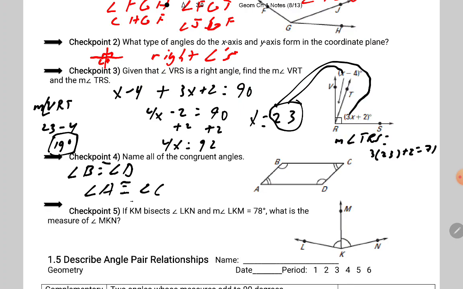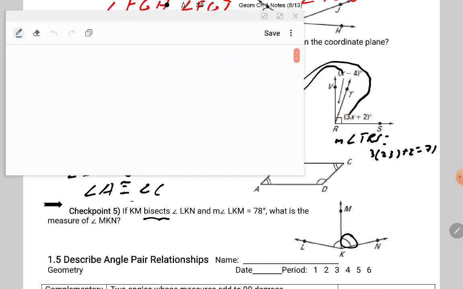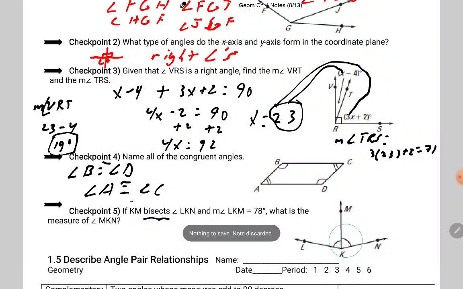Okay, checkpoint 5. If KM bisects, so remember, what does bisect mean? Bi means 2, sect means sections, so split into 2 sections, and it's split into two congruent sections. So as you can see here, it has the one arc and the one arc there. That means these are the same angle measurement.